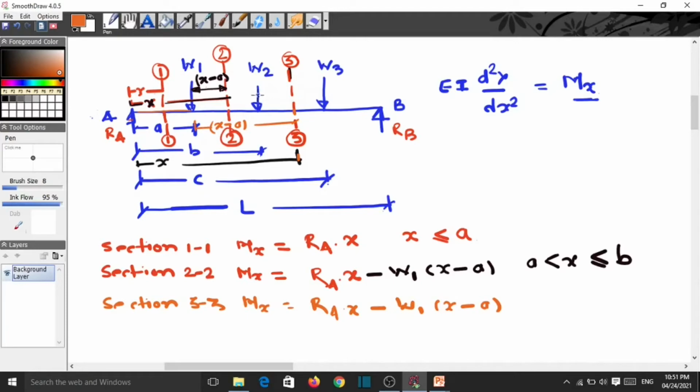Now this loading W2 creates a hogging bending moment, so this is minus. Now we want this distance.